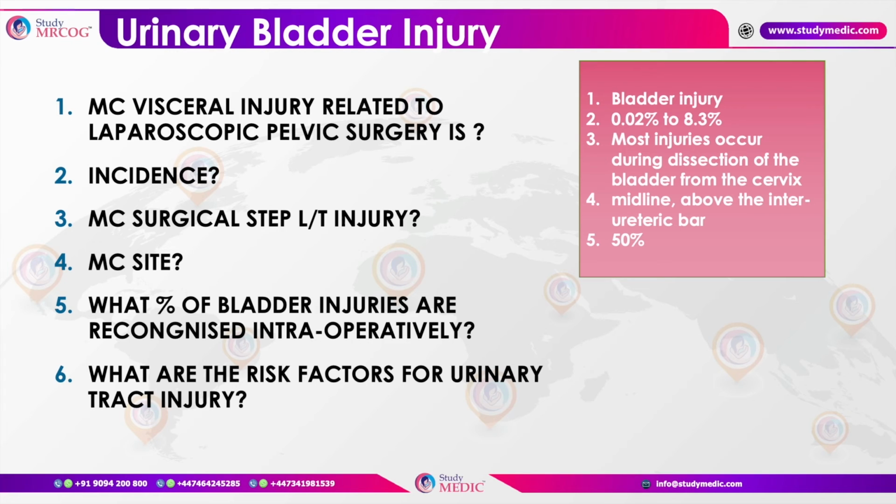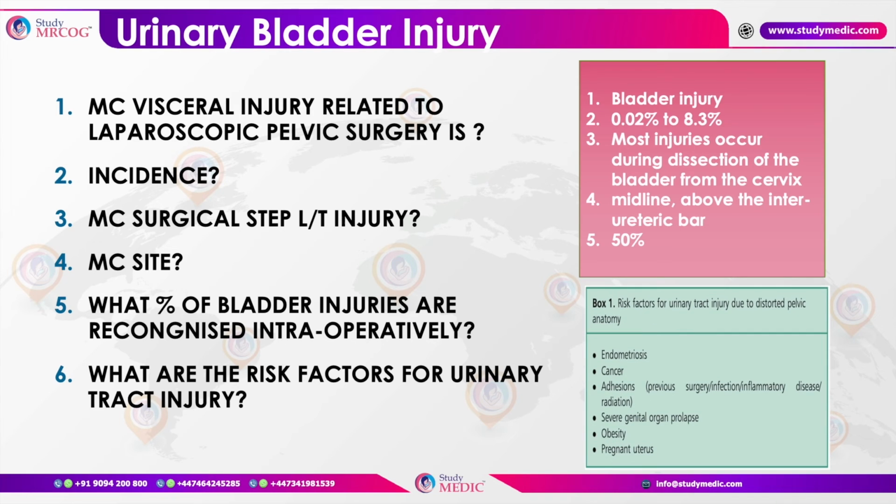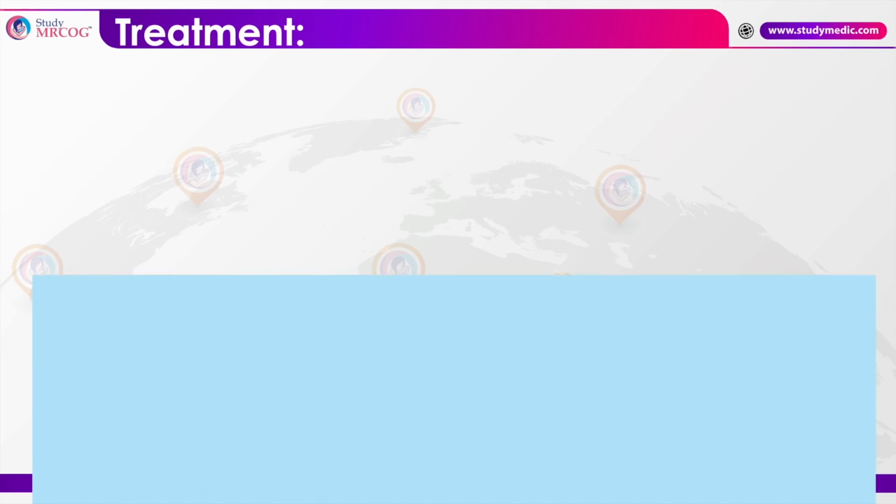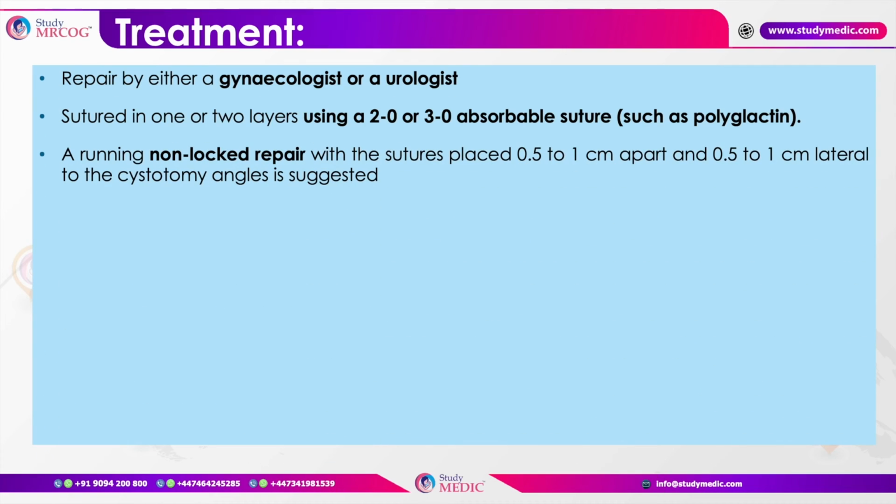The risk factors for urinary tract injury include endometriosis, cancer, adhesions, severe genital organ prolapse, obesity, or pregnancy. How do you treat these patients? The management could be by the gynecologist or a urologist. However, if the ureters or the trigone are involved, it is better that you involve the urologist.